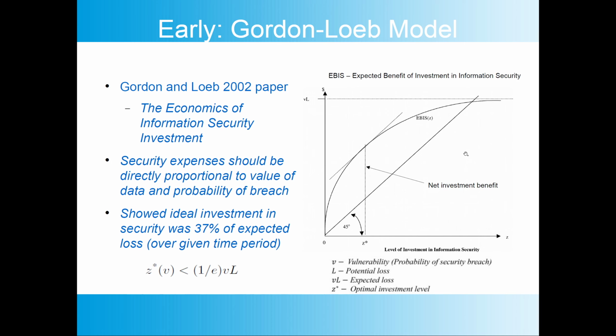Visually, as a graph over here on the right side, you'll see the expected benefit to security as a function of the investment level is this curve, and the investment level itself is just this line here. So the net investment is the difference between the two, and Gordon and Loeb called the point where it starts to decrease as a function of investment the ideal, noted as Z star as a function of the probability of a security breach.